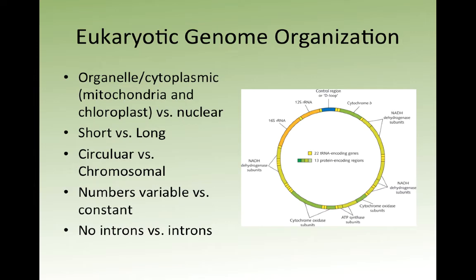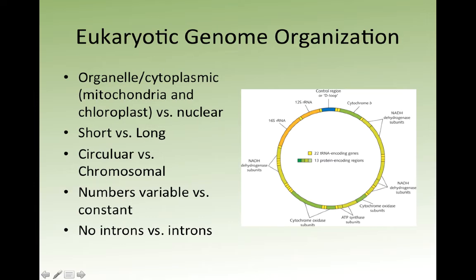Also, another main difference between these two types of genomes is that there are generally no introns in the organelle genomes. Not always the case, but largely the case, where there are lots of introns in the nuclear genomes of eukaryotes. And over here we have a diagram showing basically how a mitochondrial genome is set up.